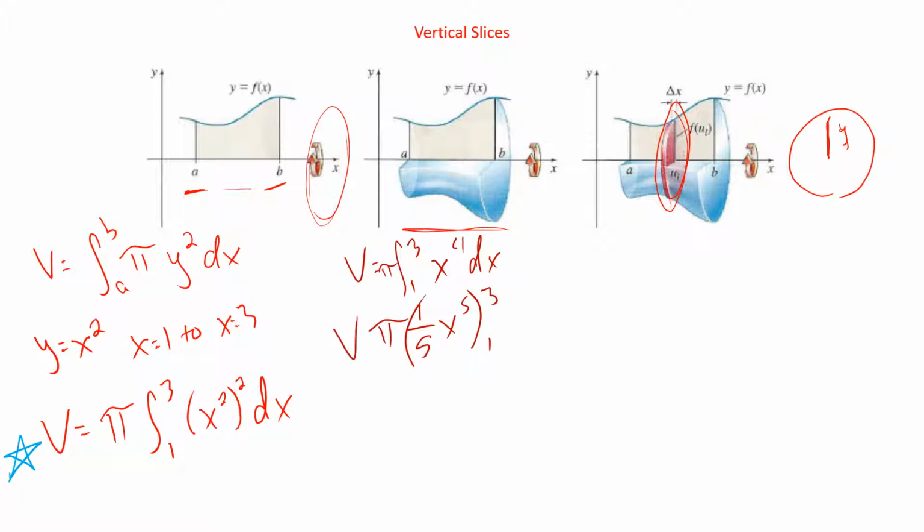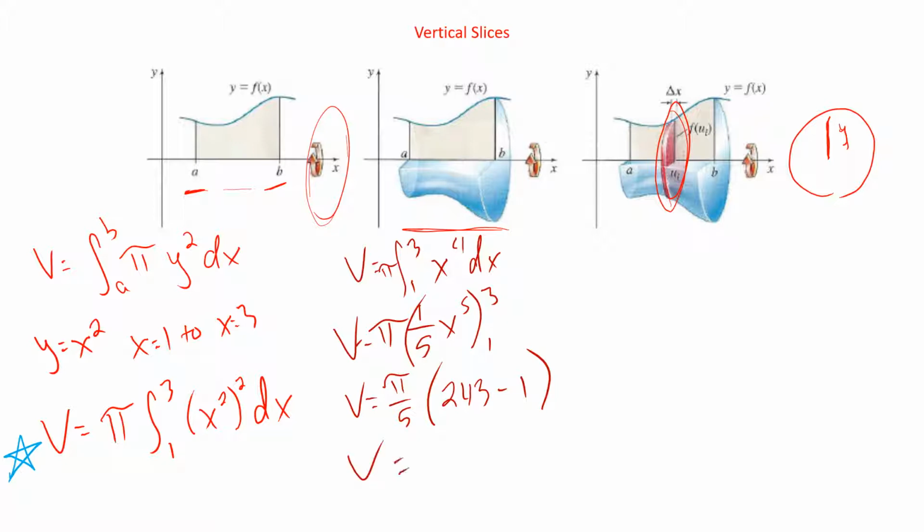Don't forget about the pi. That's one of the more common mistakes, by the way, is forgetting that pi. The 1/5 can come out, so we have pi over 5, and then plug in 3 minus plug in 1. 3 to the 5th is 243, minus 1 to the 5th is 1.